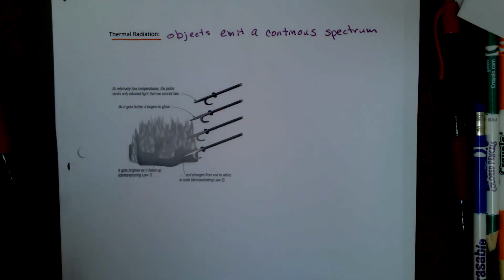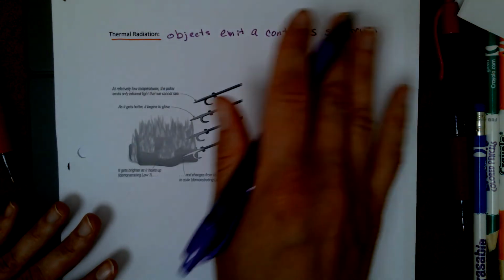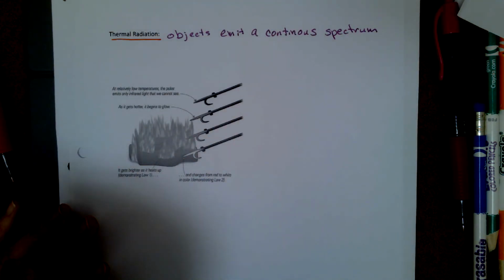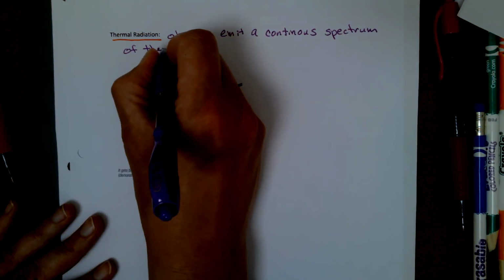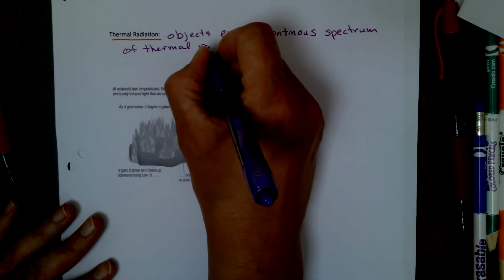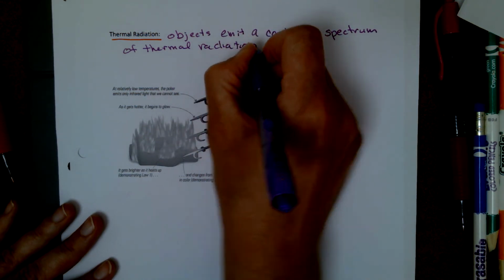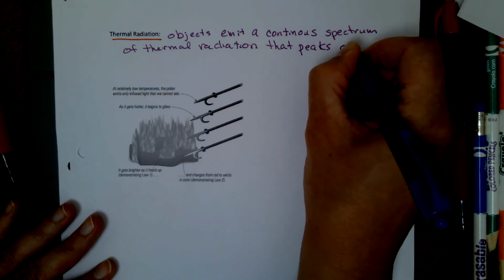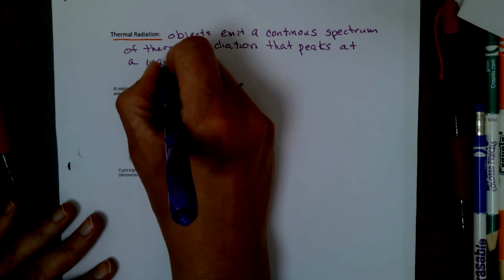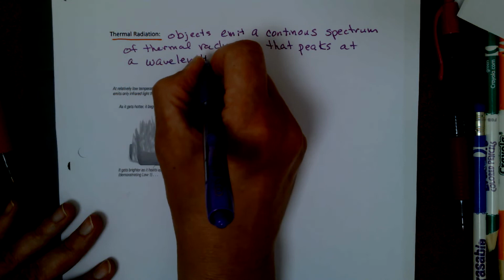And what was a continuous spectrum? We'll go back and analyze what we mean by continuous spectrum of thermal radiation that peaks at a wavelength determined by temperature.